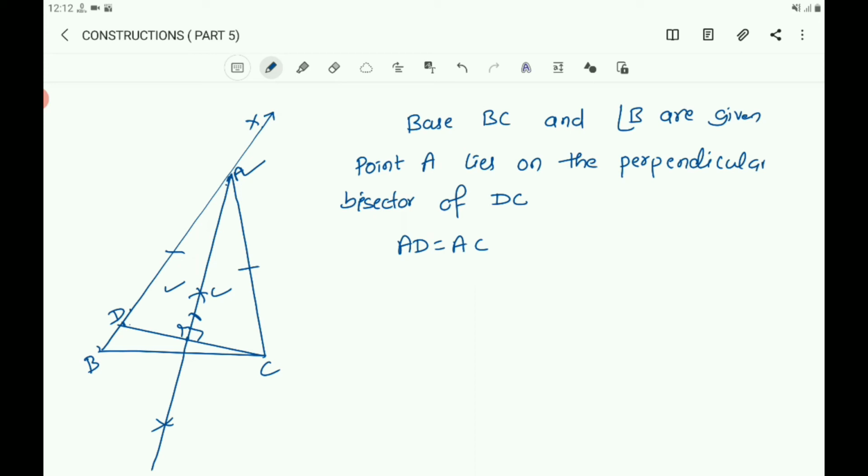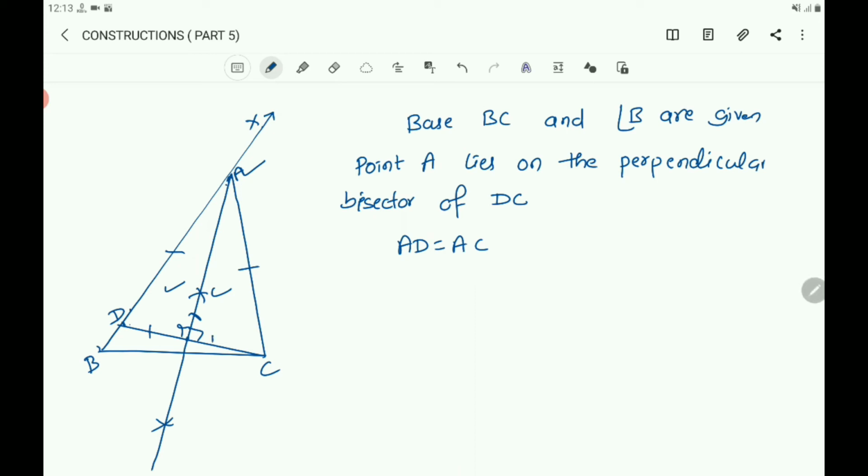The two triangles are congruent and AD and AC are the corresponding parts of the congruent triangles. In an isosceles triangle, the perpendicular drawn from the vertex to the base also bisects the base, so these two parts are also equal.